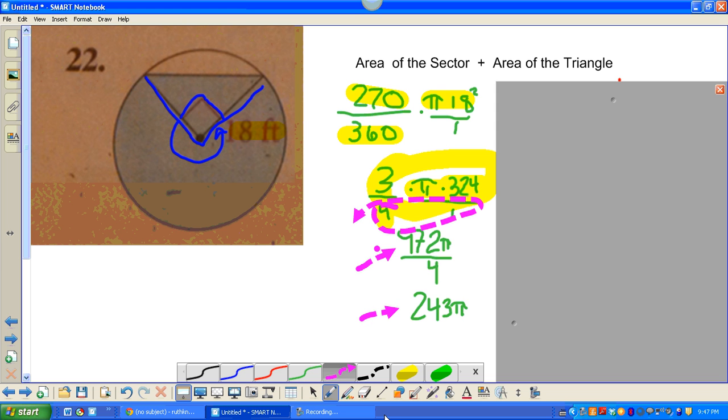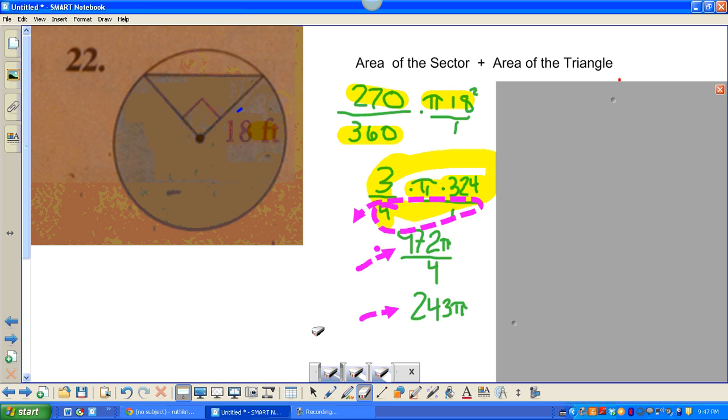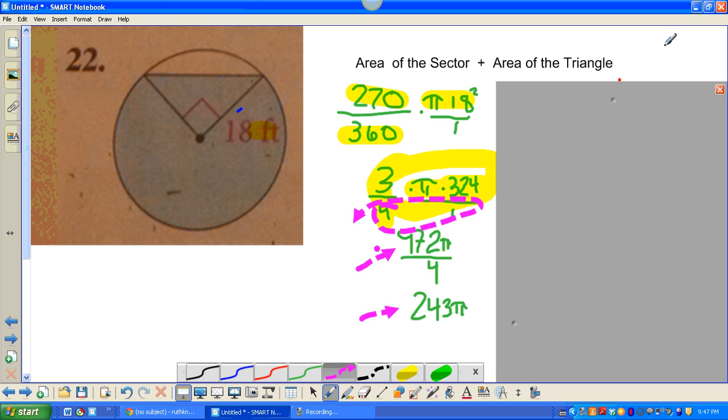Now for the area of the triangle. On this problem, the area of the triangle is not bad because you have a right triangle. So this means that my base of this triangle is 18 and the height of this triangle is 18, because those are the two segments that make up the 90-degree angle.